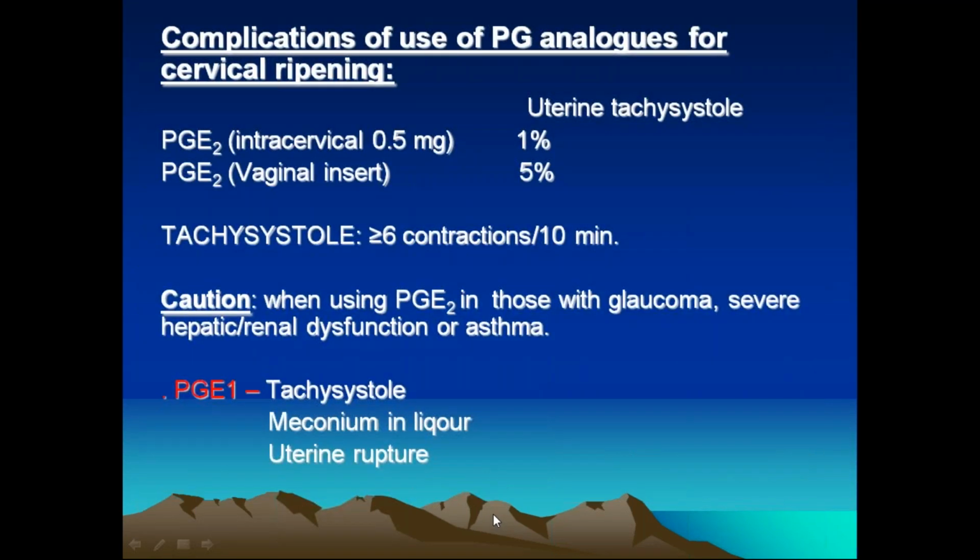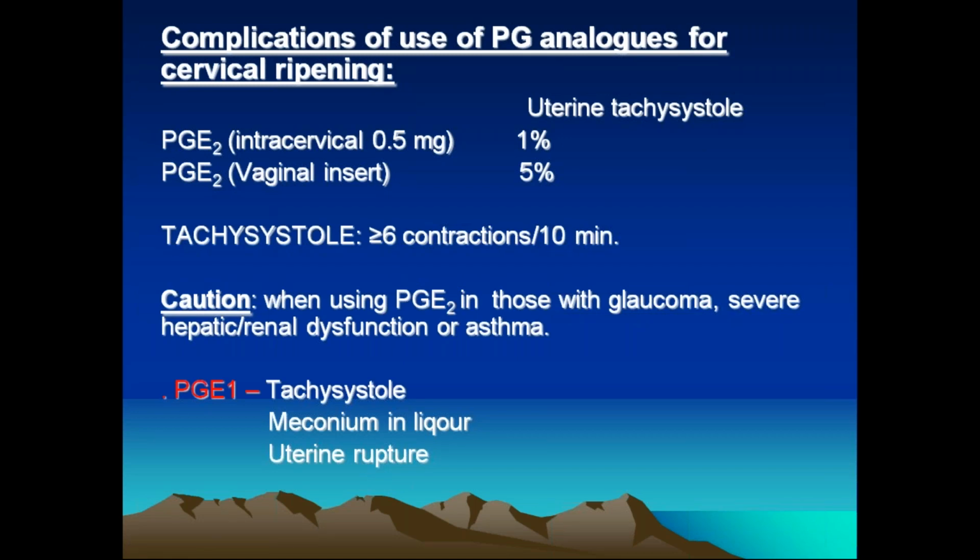Coming to the complications of use of prostaglandin analogs. With prostaglandin E2, that is dinoprostone gel or insert, we have an incidence of uterine tachysystole of around 1% in the gel form, and 5% in the insert. What does tachysystole mean? If there are more than 6 uterine contractions over a 10-minute period, we'll call it tachysystole.